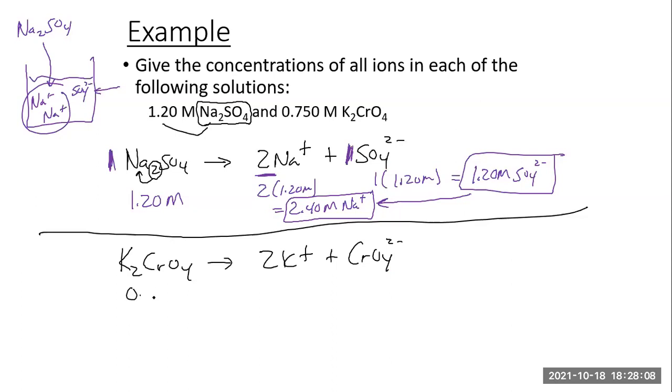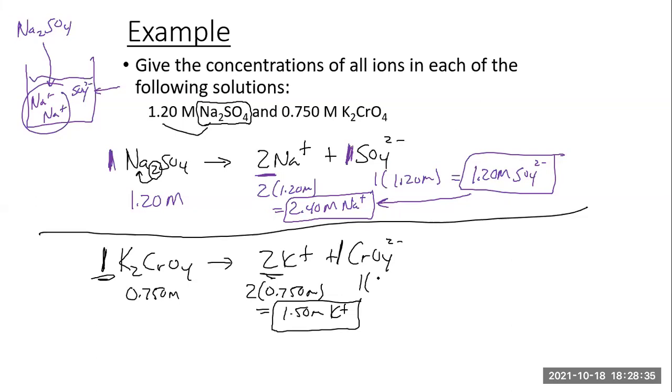If this is 0.75 molar for the whole thing together, it is a 1 to 2 relationship between the whole thing and just the potassium ions, which means 2 times 0.75 molar gives us 1.50 molar potassium as its concentration. And it is a 1-to-1 relationship between potassium chromate and chromate, which means 1 times 0.75 molar gives us 0.750 molar.